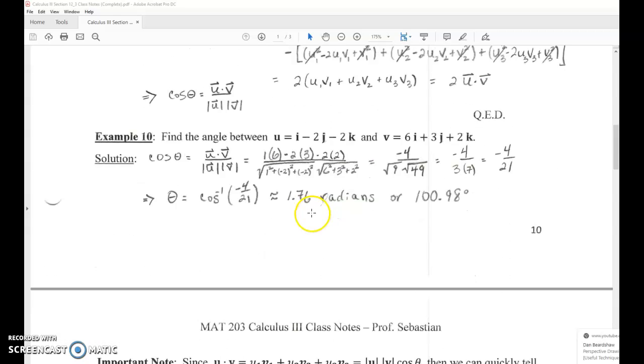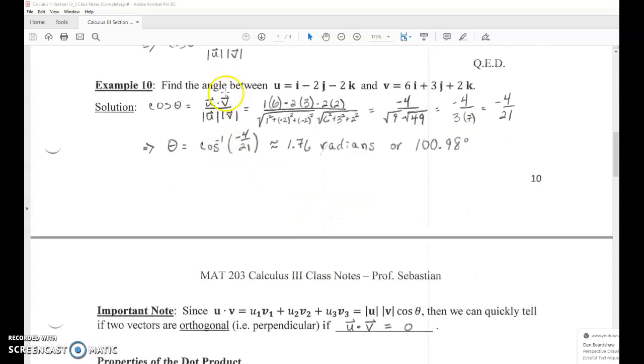It has been shown. So example 10: if I want to find the angle between two vectors, I first of all find the cosine of that angle, which is u dot v divided by the length of u times the length of v. So take the dot product of u and v, it ends up being minus 4. Take the length of u, multiply it times the length of v. You get square root of 9 times square root of 49, which is 3 times 7. You get minus 4 over 21.